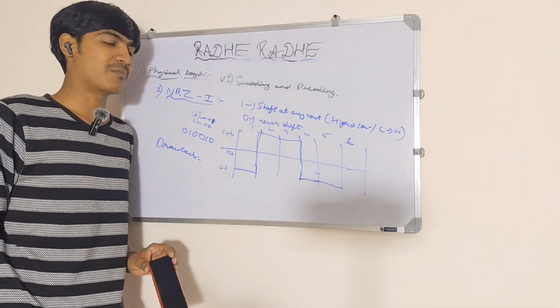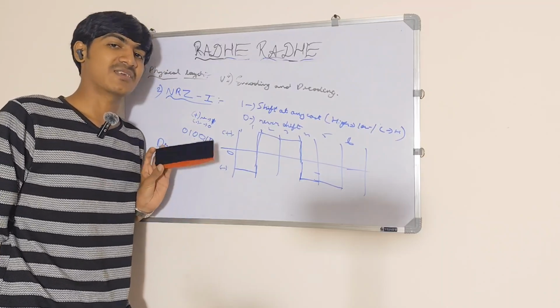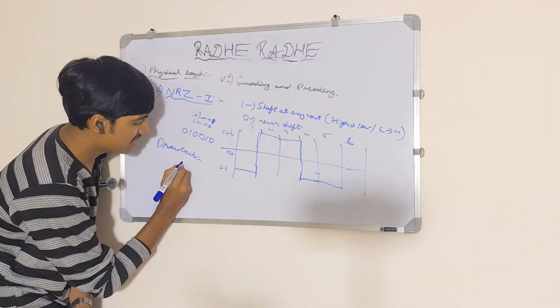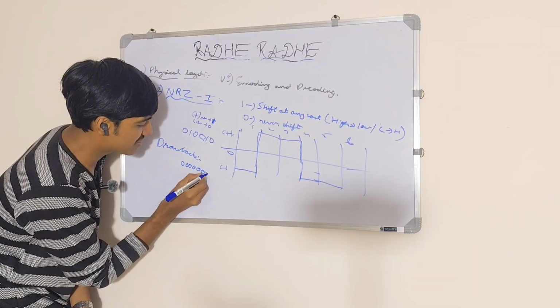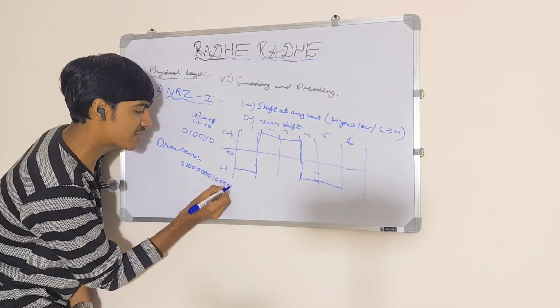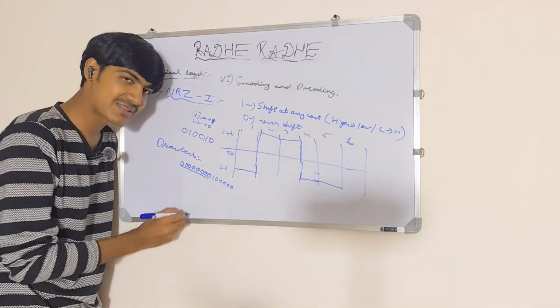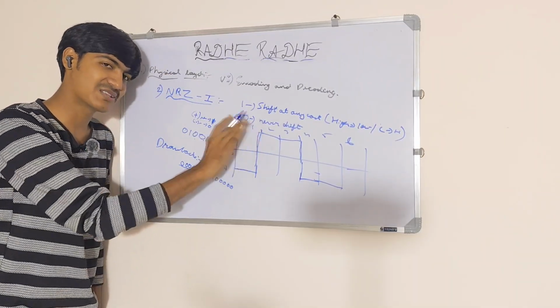Okay, you are solving a problem of bits not remaining at the same state. But the major drawback is, what if there are mostly zeros and only a few ones? These also will remain at the same state. As I told you, zeros never shift.